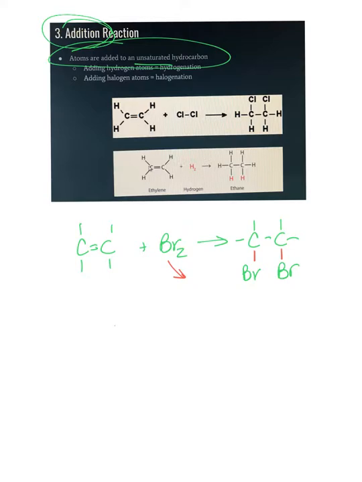So this becomes 1,2-dibromoethane. Ethane because you have 2 carbons in your parent chain. Di because there's 2 bromines. Bromo because they're bromines, and they are on carbon number 1 and carbon number 2.